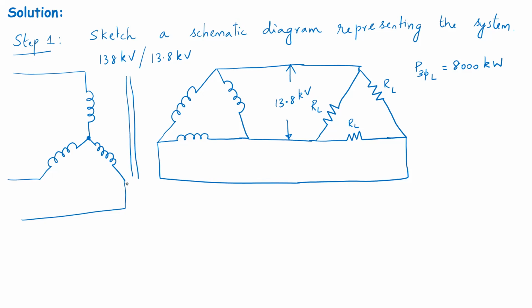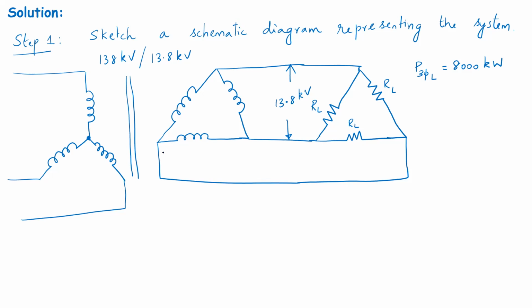What we want is to calculate the per phase resistance value, the load resistance value, when it is referred onto the high voltage side. So when I transfer, or when I transform this per phase load resistance from the low voltage side onto the high voltage side, I would like to know the value of this resistance.